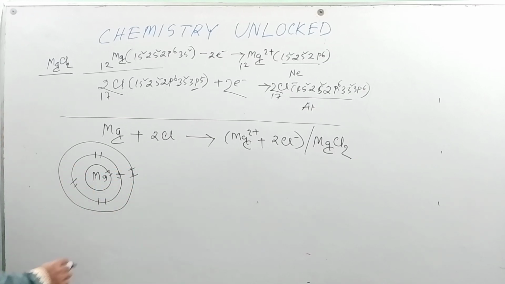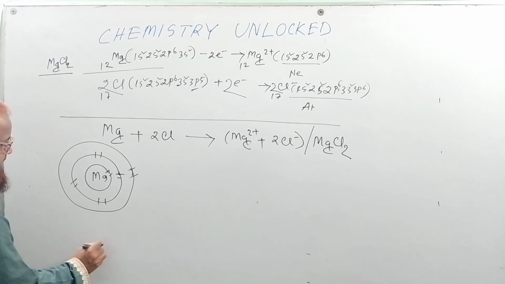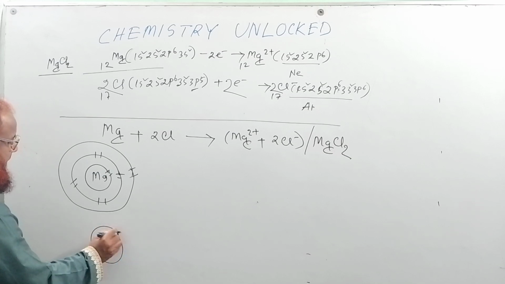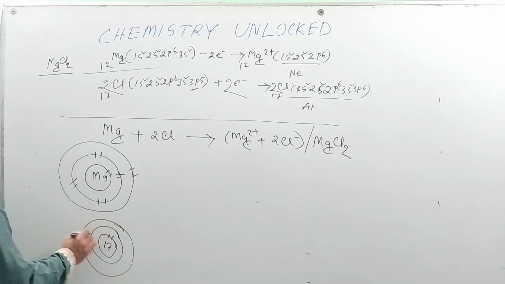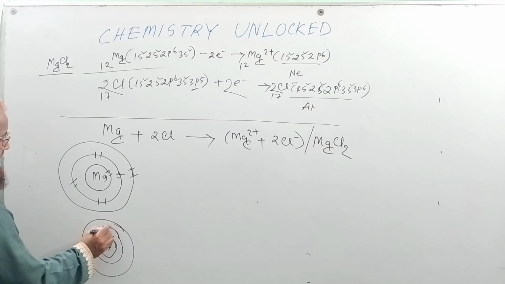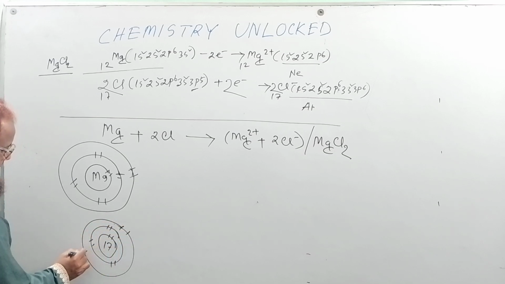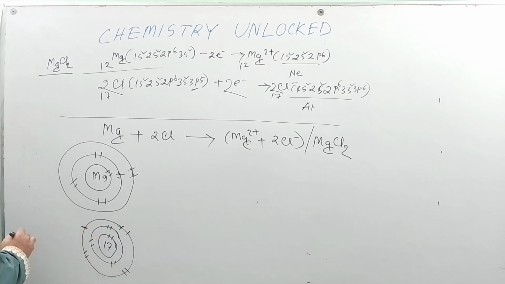In the case of chlorine, first orbit 2, second orbit 8, and third orbit 7.